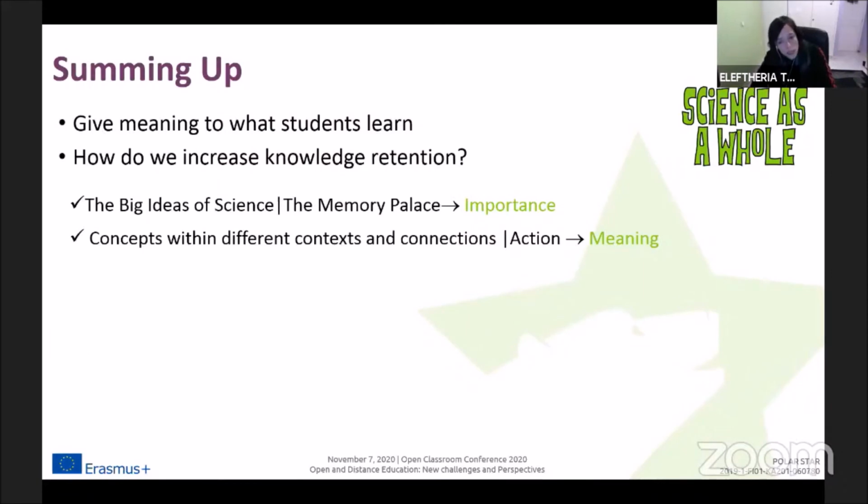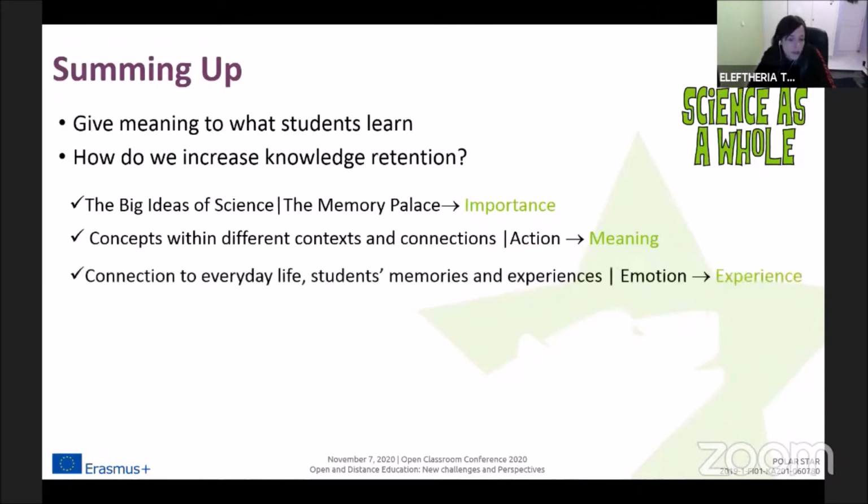We give meaning and action to the concepts by linking them to other concepts and to everyday phenomena. We add emotion and experience to the learning process by linking what we teach to everyday life, to students' memories and to students' experiences.